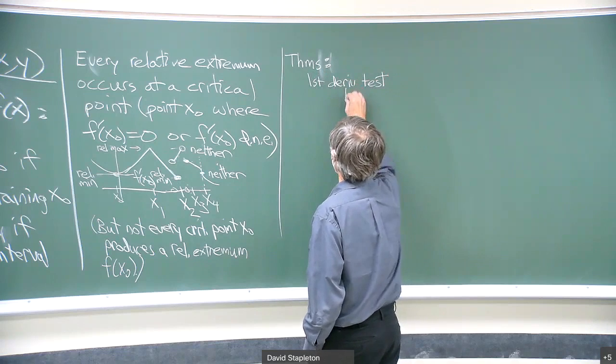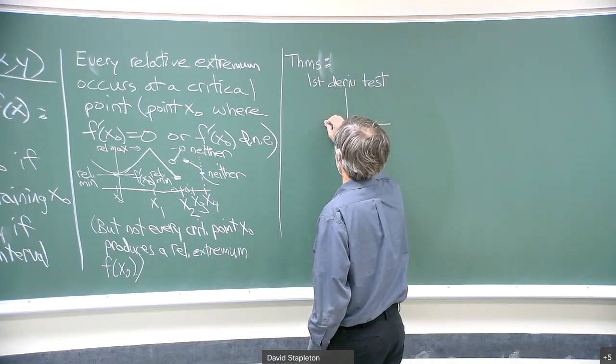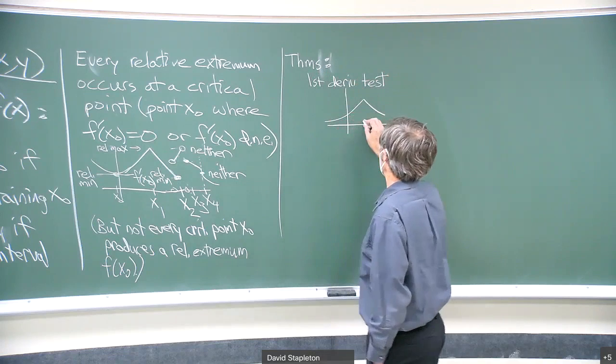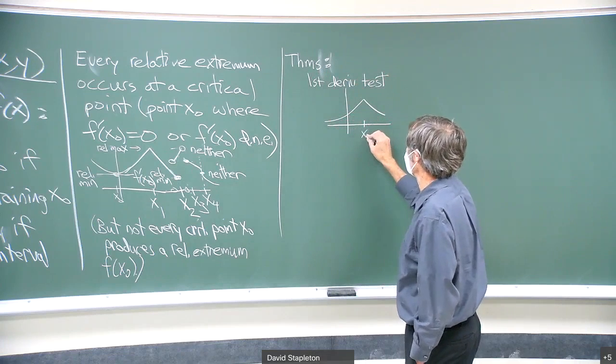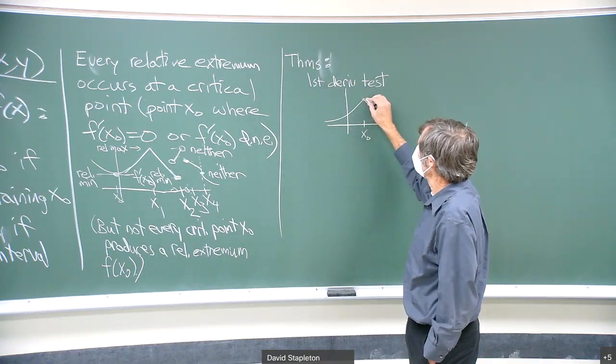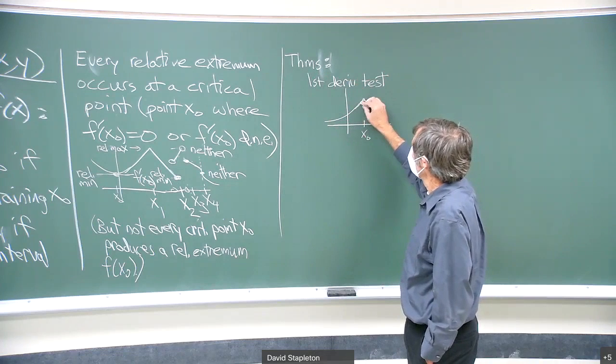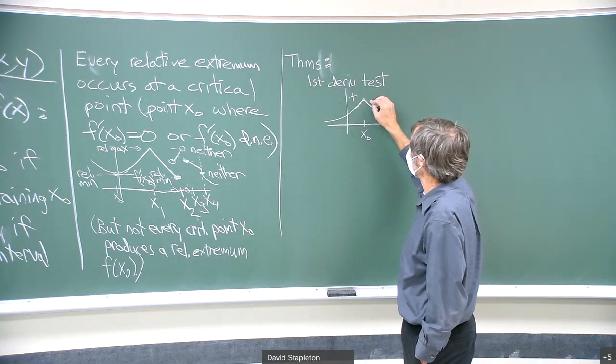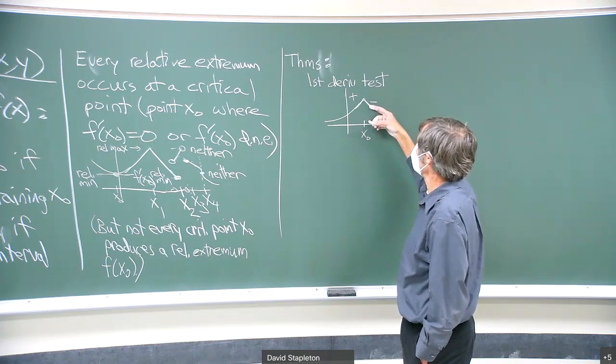And the first derivative test went like this. I'm just going to draw it because we're not going to need it tonight. So you can have a point x0 here, and it said that if the first derivative was positive on this side and negative on this side, then this was a relative maximum at this point.